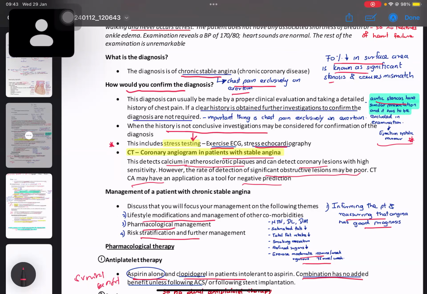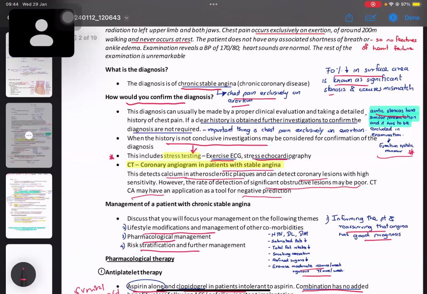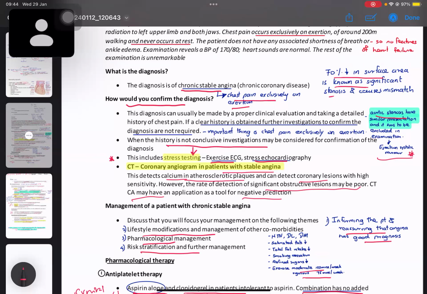Diagnosis actually means history, examination, and investigation. This diagnosis can usually be made by proper clinical evaluation, which includes a detailed history and the examination. If a clear history is obtained, no further investigation is needed to confirm the diagnosis.